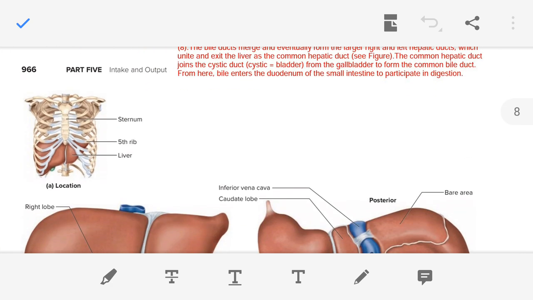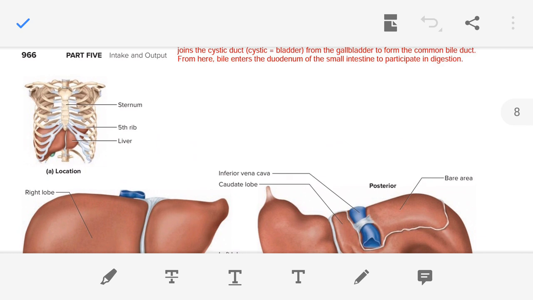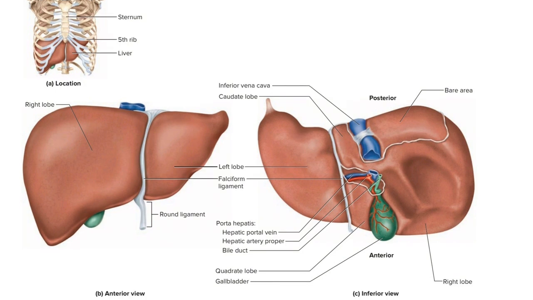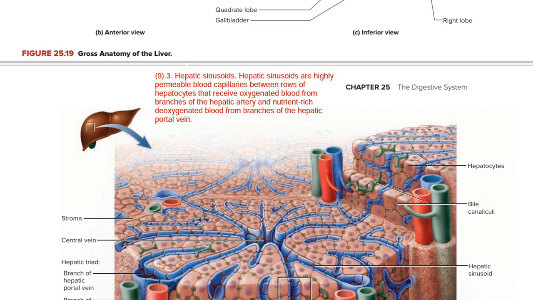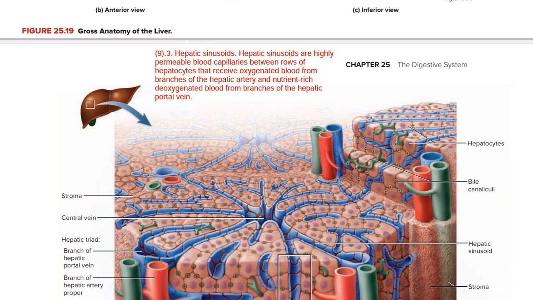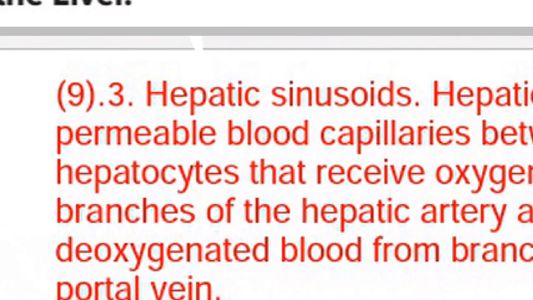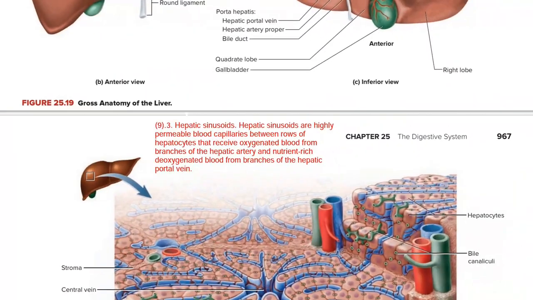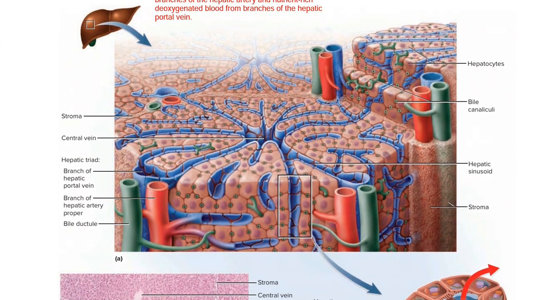Now, moving on to the 9th point. Before that, observe this figure also. This is the anatomy of the liver. In the 9th point, we are discussing hepatic sinusoids. Before that, I would like to show you the hepatic sinusoid.